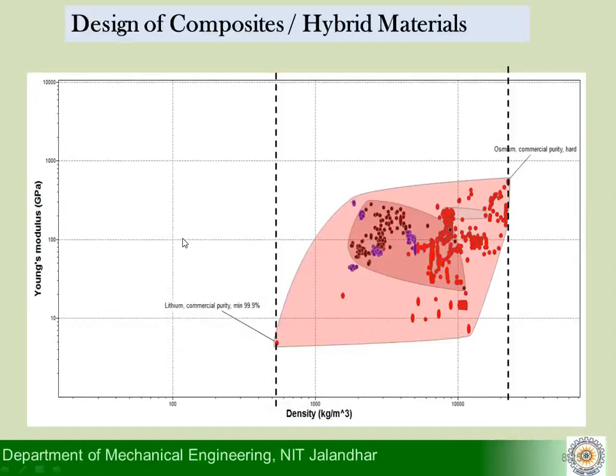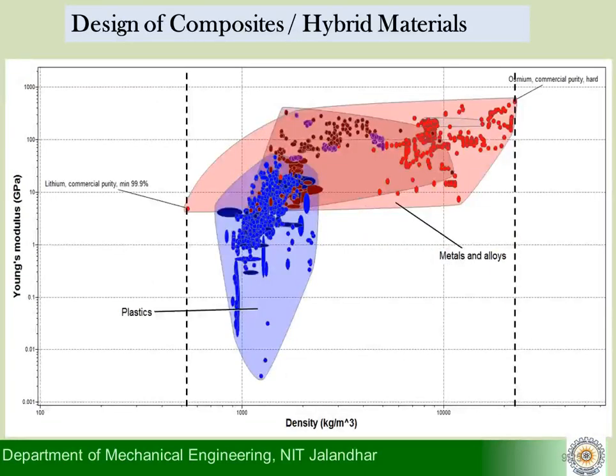Whatever composites we need to understand, if I combine any of the metals in any particular composition, we have these bounds that I cannot go below this and I cannot go above this also. Let's see what happens when I add more material categories onto this chart. Now I have added plastics also.